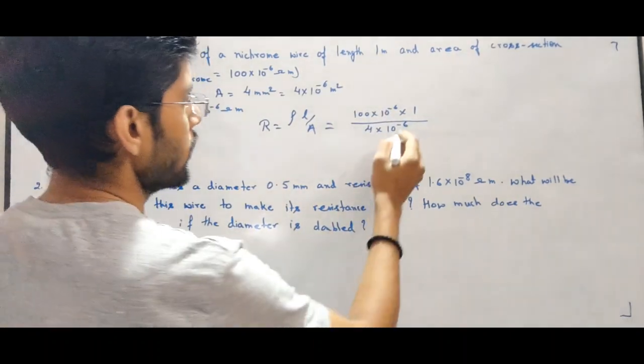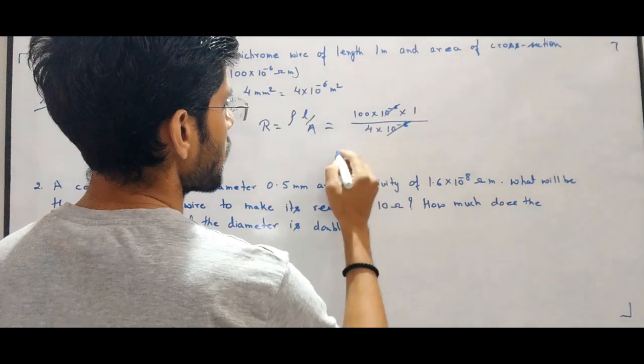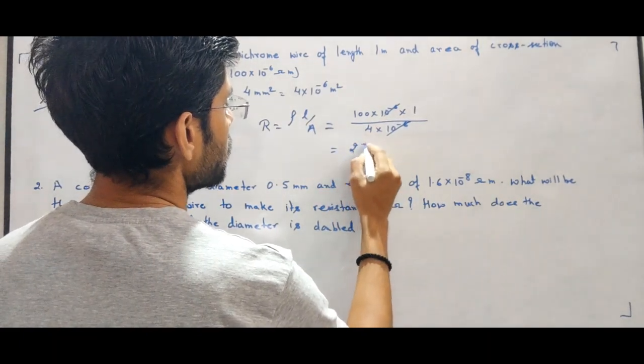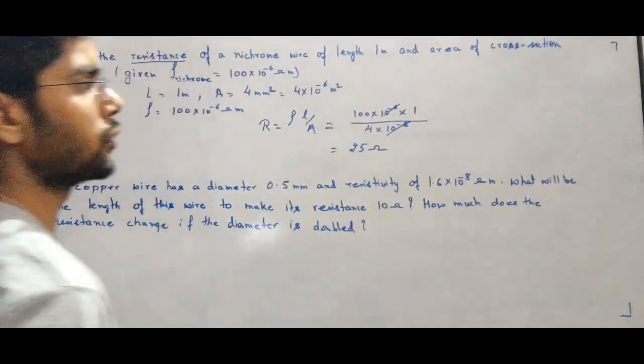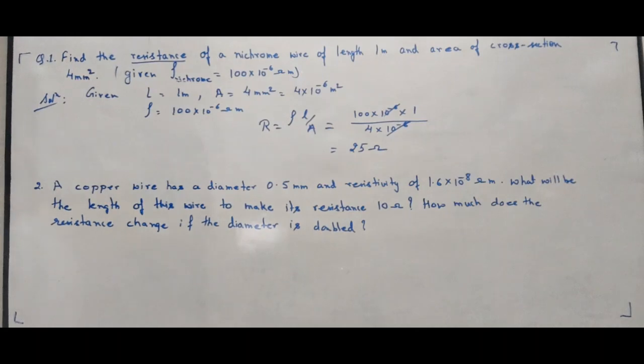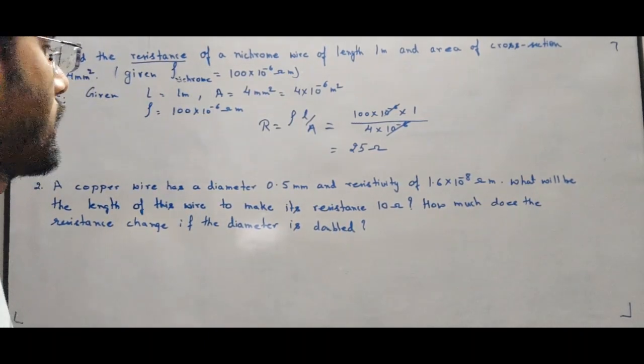So what we are observing is that this will cancel out, so the answer will be 5 ohm. Yes, I hope it is clear to you. Now students, we will see another problem. What is given here? I will solve half for you and you will tell me what is the answer for it.